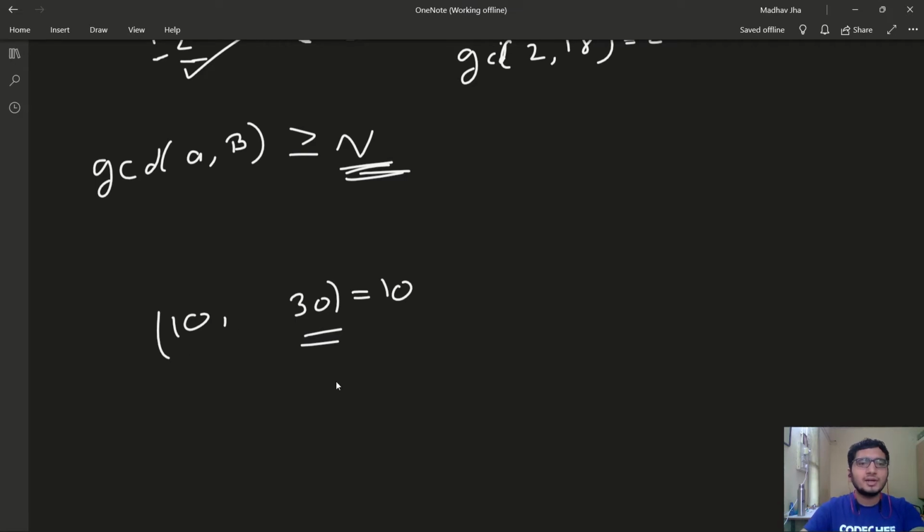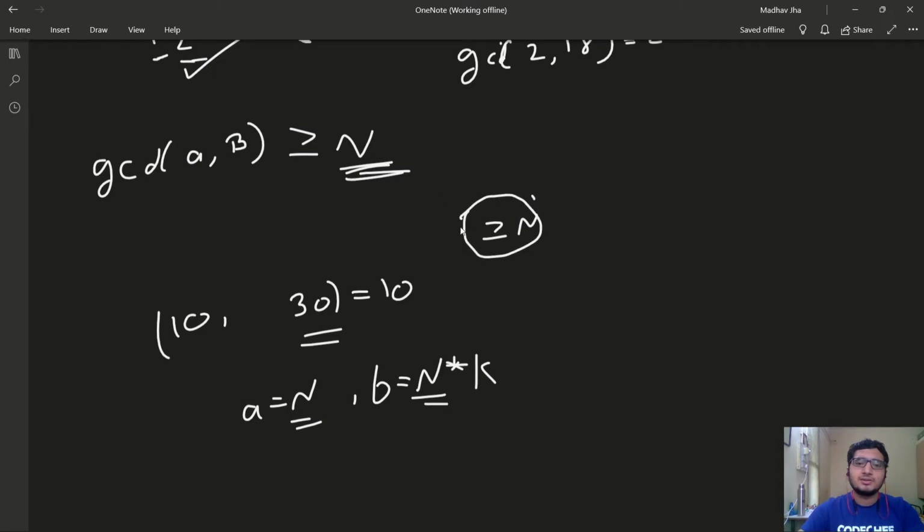So what we can do is take a as n, whatever our n is, and for b we can make b some multiple of n. So our GCD will for sure always be greater than or equal to n.